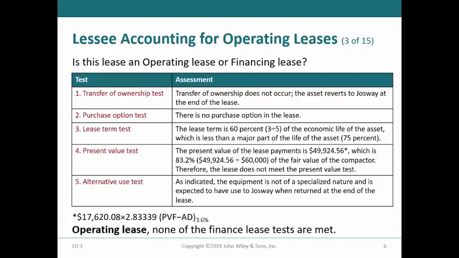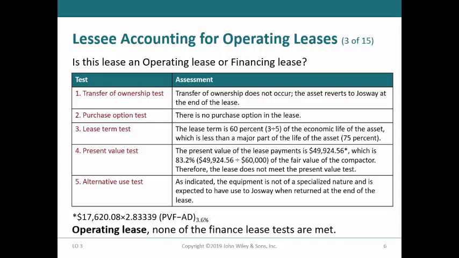Notice that the present value of the unguaranteed residual value of $12,000 is not included in the present value test. This is different from the illustration we looked at in the first presentation for the backhoe and is important. Unguaranteed residual values are not included in the present value test, and many times this can make a difference in whether or not the present value test is met.